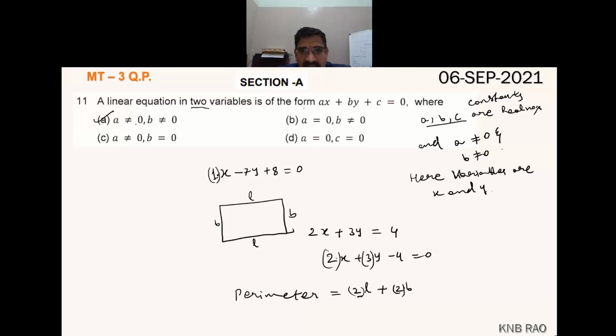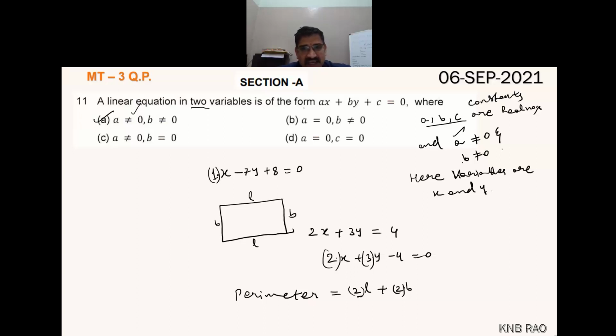Now moving on to the condition. Those constants where coefficient of x should not be 0. Why? Because if it becomes 0, then it completely misses variable x. 0 into x, this goes off. Then we will have only linear equation in one variable. That's why a should not be 0. Even b should not be 0.